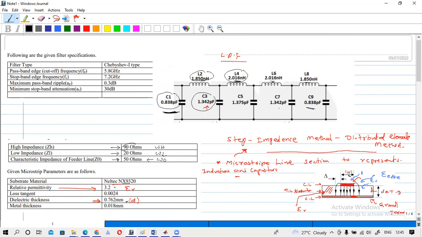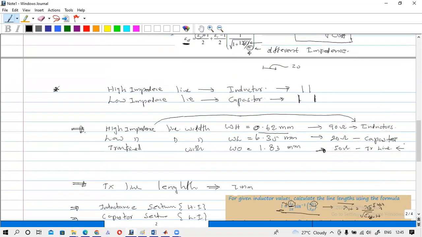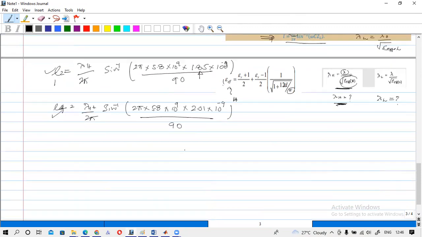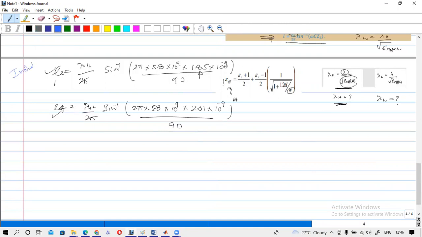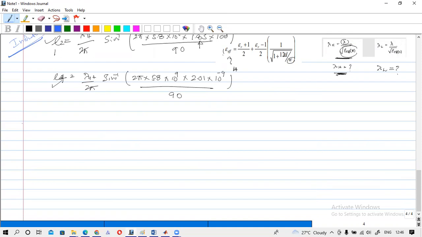For that you have to use the second formula, this one. So these are the inductance values, and now we are going to calculate the capacitance lengths.